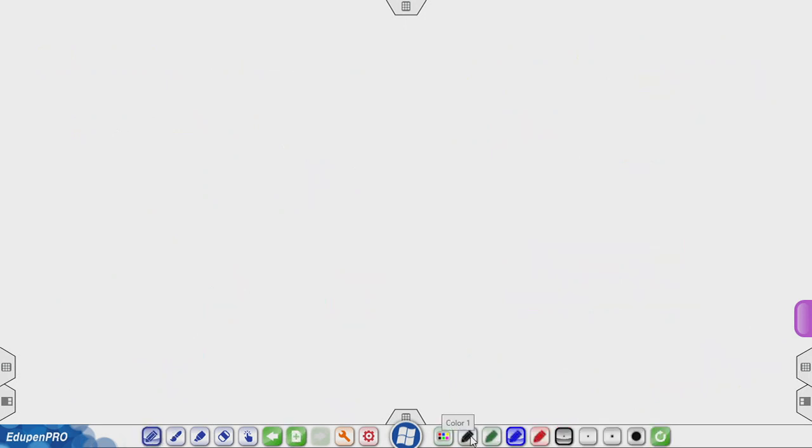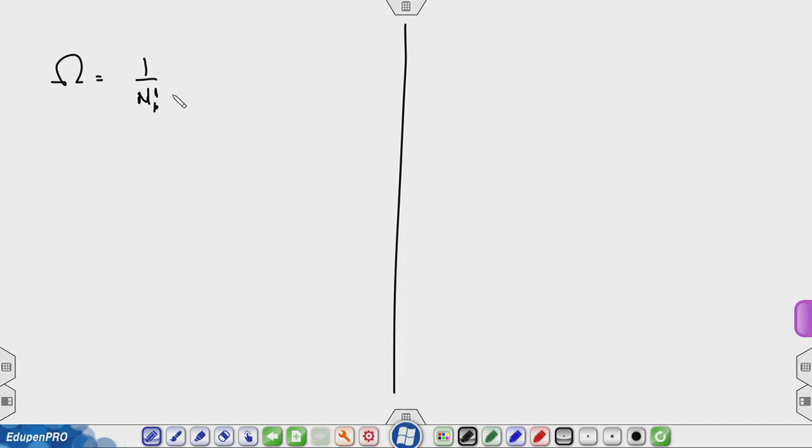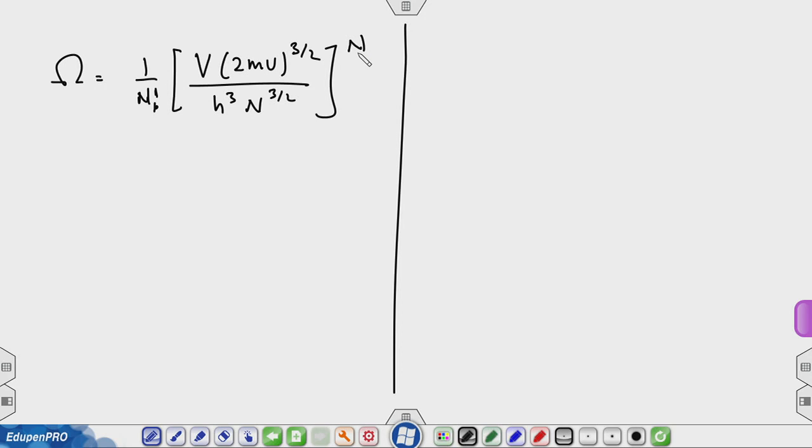And therefore, once I have written this, omega equals 1 over n factorial times V 2 m U raised to 3 by 2 divided by h cubed n raised to 3 by 2, raised to n.